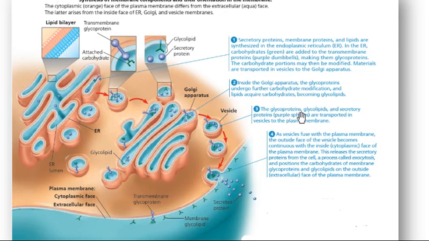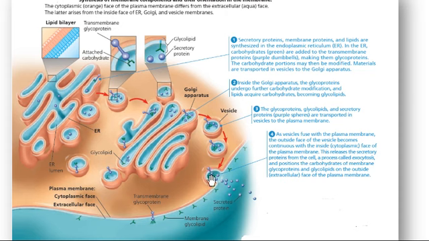Now the glycoproteins, glycolipids and secretory proteins are transported in vesicles to the plasma membrane. As these vesicles fuse with the plasma membrane, the outside face of the vesicle becomes continuous with the inside face of the plasma membrane.